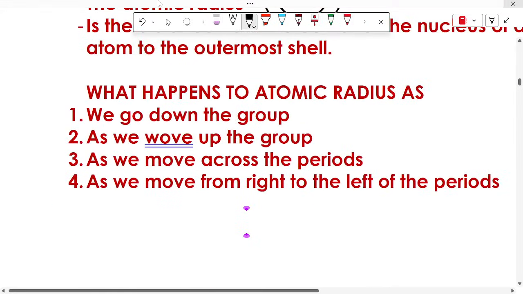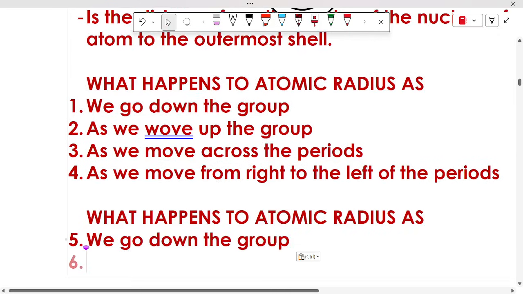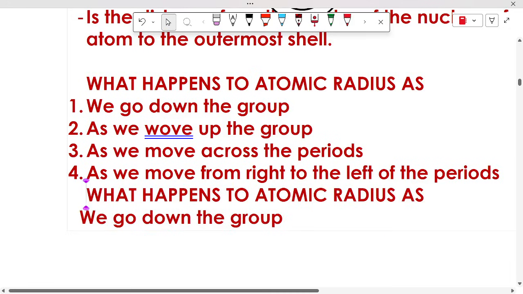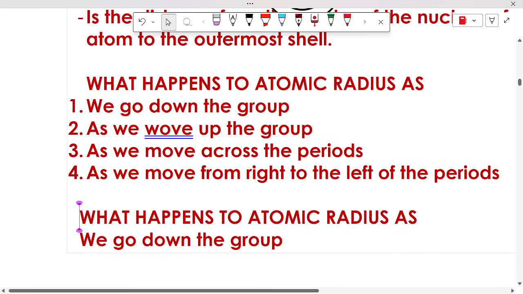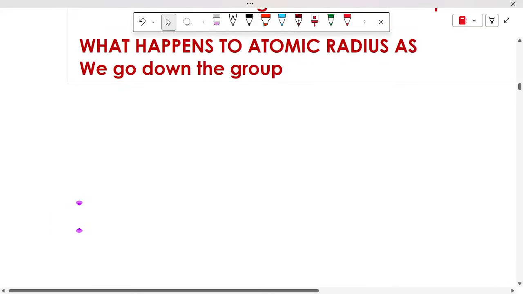So let's look at some structures. Let's start as we go down the group. If I say, what happens to the atomic radius as we go down the group?